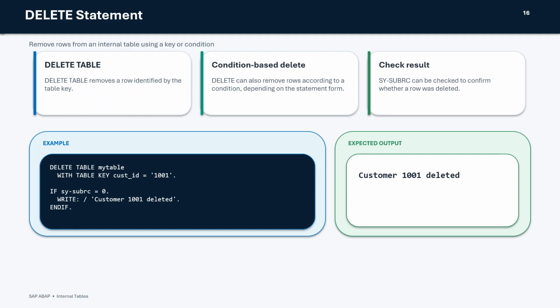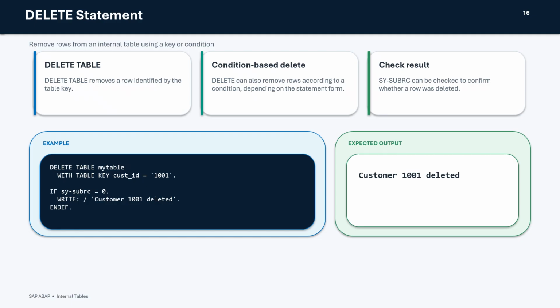But the main thing about delete: an internal table is okay, because it is in memory and only in the program. It's a dummy table, not a real table, so it's okay with the delete statement.